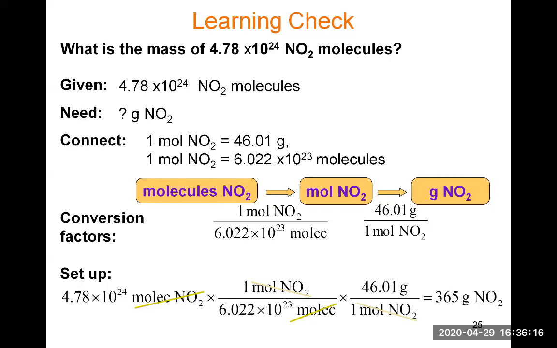In the calculator, you do 4.78, the second function of the x minus 1 key to get the capital E, 24, the exponent, times, let's do the numerators first, so times 46.01. And now let's do the denominators, so divided by 6.022.